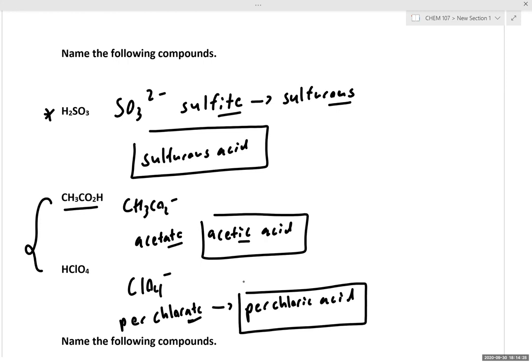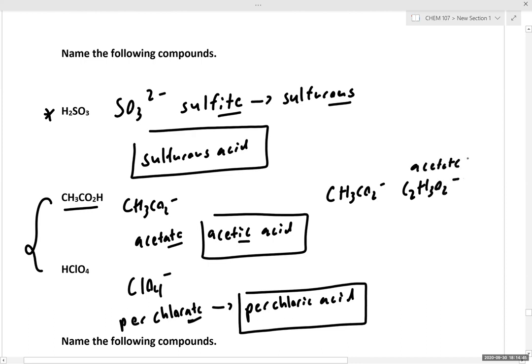Professor, on the acetate, is that the CO2H on the polyatomics? Acetate is CH3CO2 minus, otherwise written as C2H3O2 minus. So this is known as acetate.